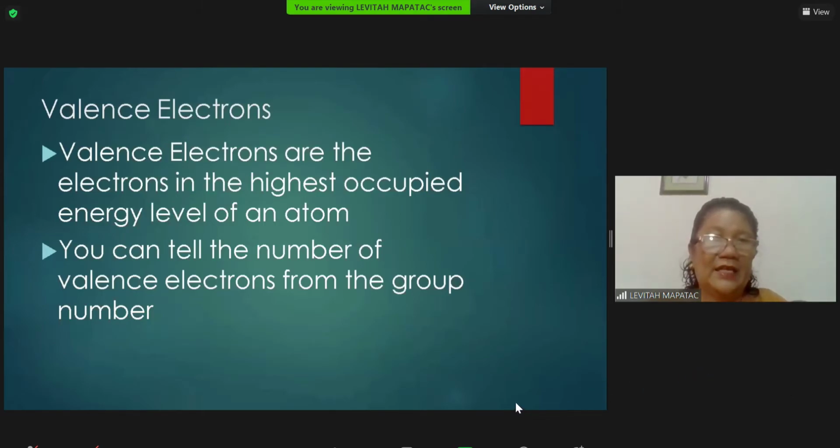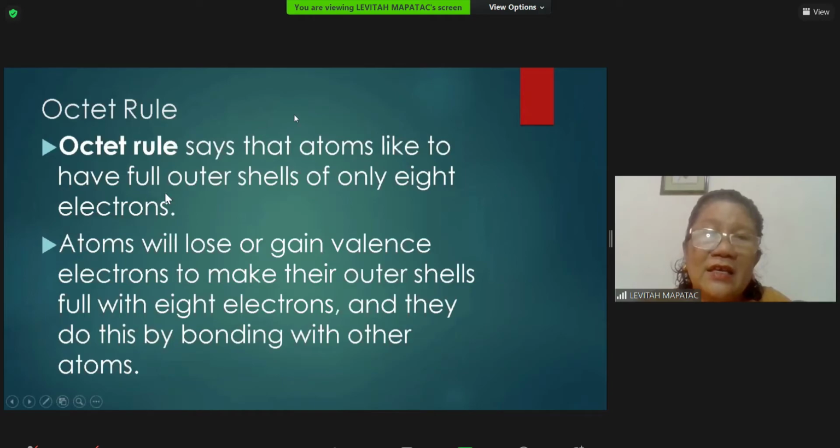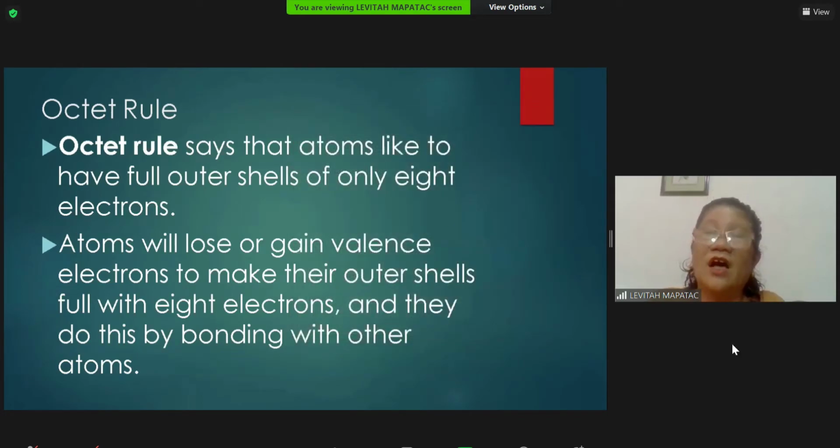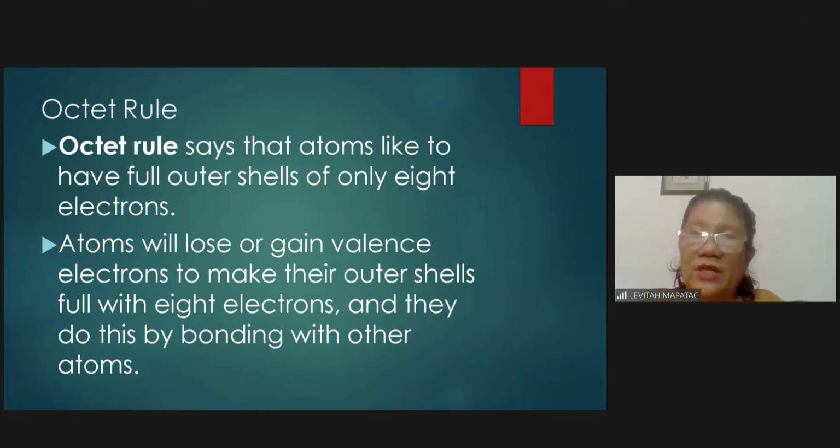Actually, in order to come up with the bonding, the formation of a compound, every element should have the octet rule in a compound. What do you mean by octet? From the word eight. Meaning the atom should have a full outer shell of eight electrons. Right?